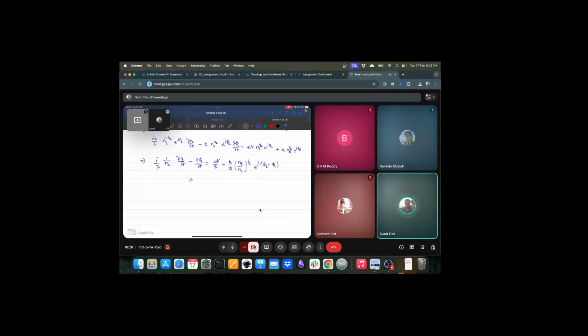Now this phi R minus phi L is the phase difference between the two superconducting wave functions.